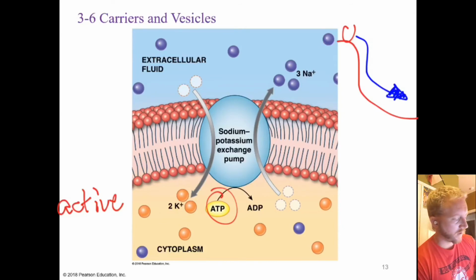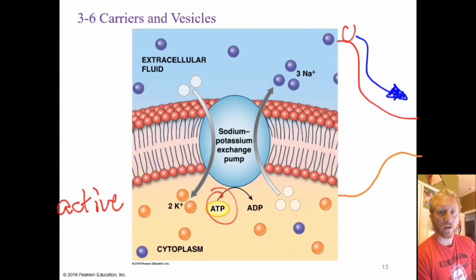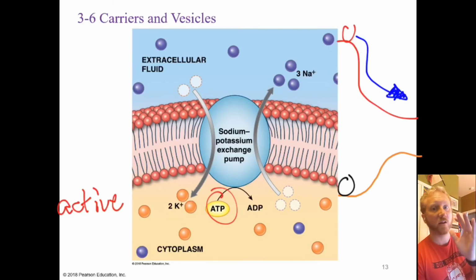Active transport is different. Active transport is against the concentration gradient. So you're going from low concentration, the bottom of the hill, to high concentration, the top of the hill. If you've ever tried to move something up a hill, a ball, push a cart, you've got to put energy into it. It takes work. You get tired at the end, especially if the hill's really high.